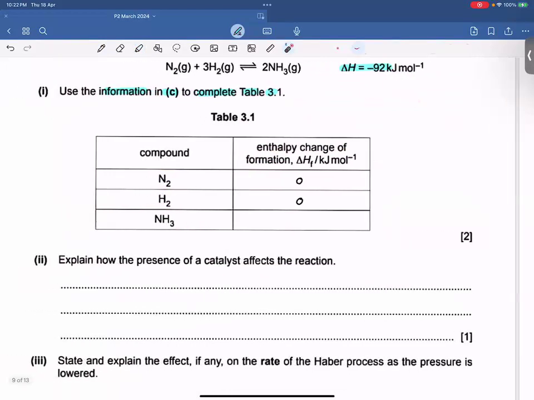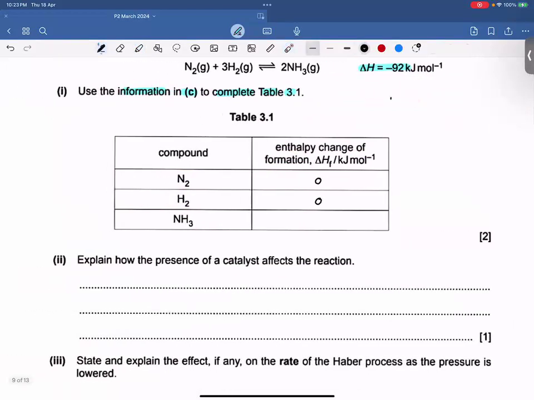So let me draw the Hess cycle here. N2 plus 3H2, reversible sign, 2NH3. This value is -92. Since the formation data is given, we need to start the cycle from the constituent elements, and for that I need nitrogen and hydrogen only.